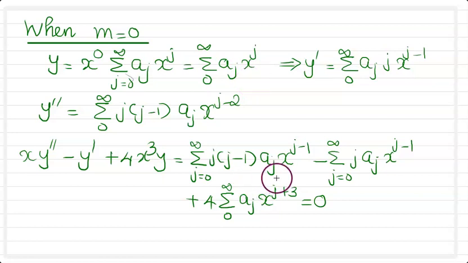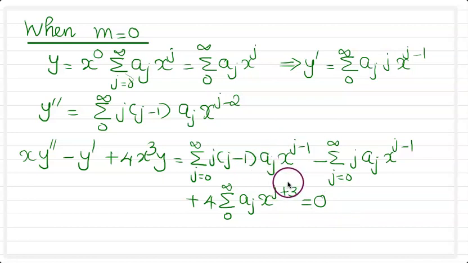Now we need to equate the coefficients of x raised to 0, x raised to 1, x square and so on. In general, we need to equate the coefficient of x raised to j to the coefficient of x raised to j on the RHS, which is 0.